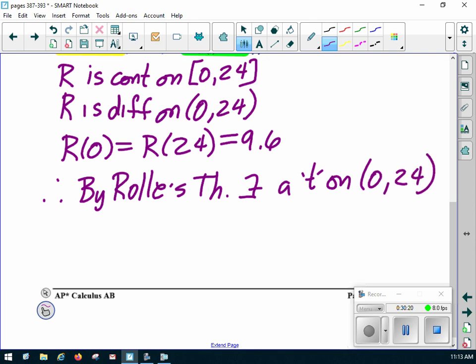On the open interval 0 to 24, such that r prime of t equals 0. Now remember, those theorems are existence theorems. They tell us that something exists, but they don't tell us what it is or how to find it. But we don't need it. That was not asked on this question. In fact, we couldn't because all we're given is a table.